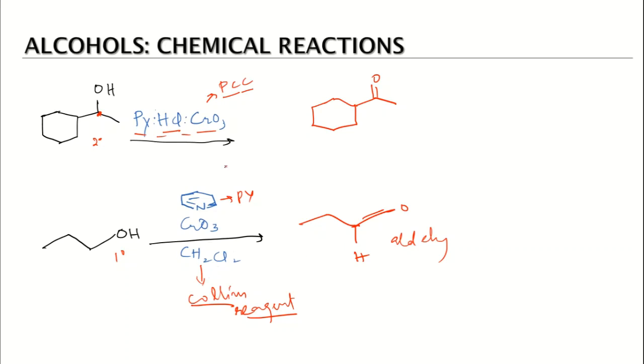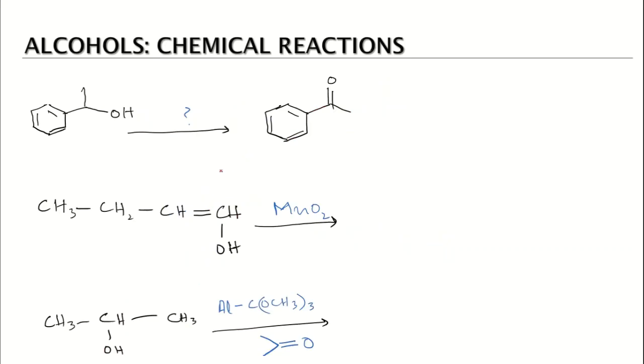Coming to the next example, here we have an alcohol. This is again a 2-degree alcohol, and we are converting this secondary alcohol into a product like this. But here we have to recognize that this is not a simple 2-degree alcohol, but this is benzyl alcohol. If we remember the first topics that we discussed, benzyl alcohol is one of the types of alcohols.